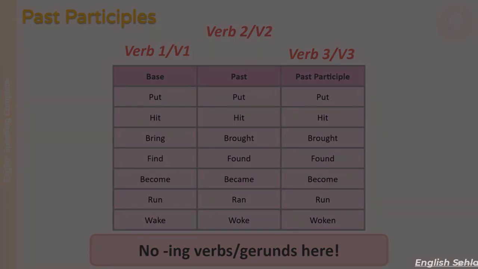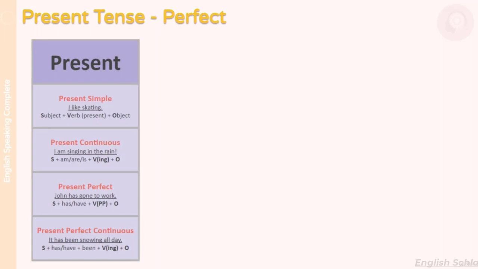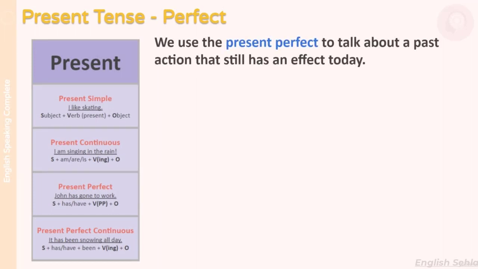Okay, so let's begin with the present perfect tense, which is, of course, here. Now, we use the present perfect to talk about a past action that still has an effect today. So something that happened in the past but has an effect today, such as John has gone to work. He went to work sometime before. We don't know when.